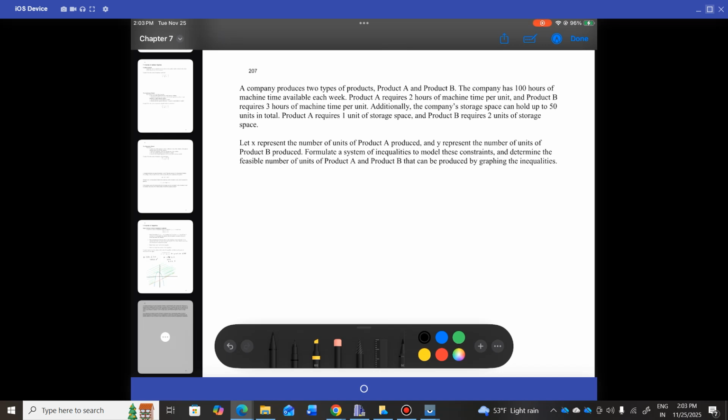Alright, so first, the company has 100 hours of machine time. So product A, which we'll do X, requires 2 hours, so 2 times X. Product B requires 3 hours, so 3 times Y. And it has to be less than or equal to 100.